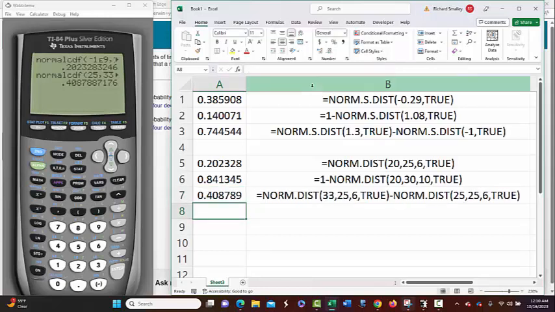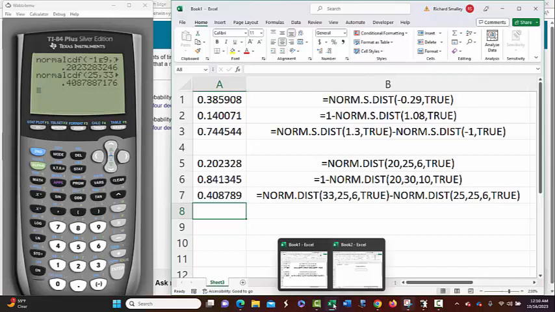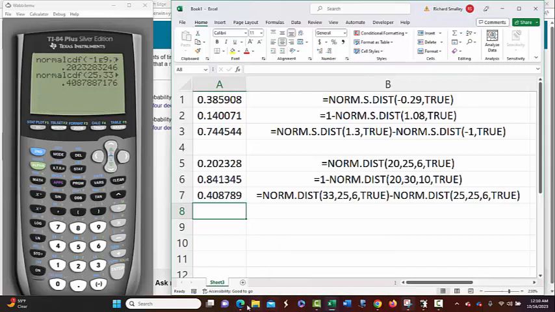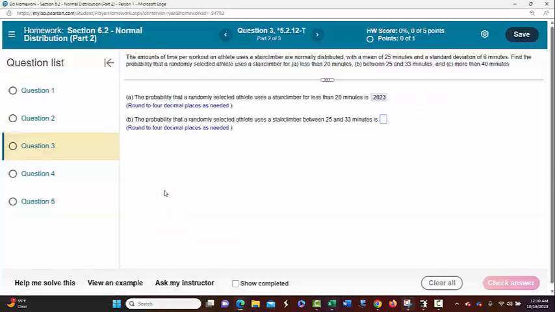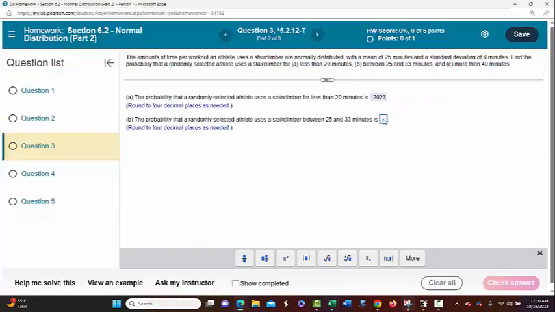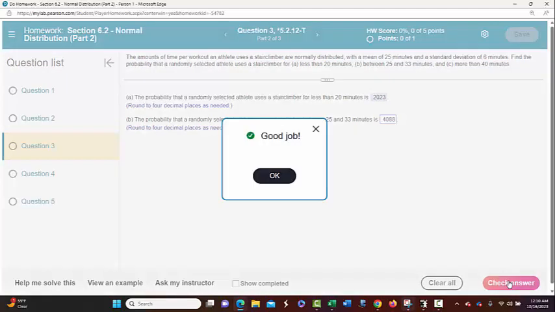There we go. Looks like both of them are showing 0.4088 rounded. So let's go with 0.4088. Beautiful.